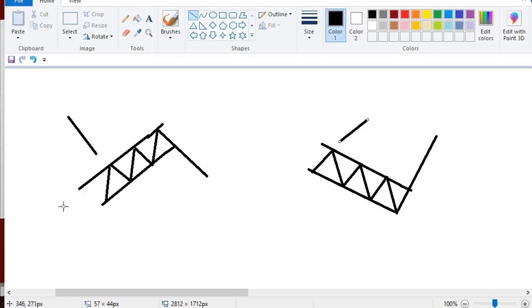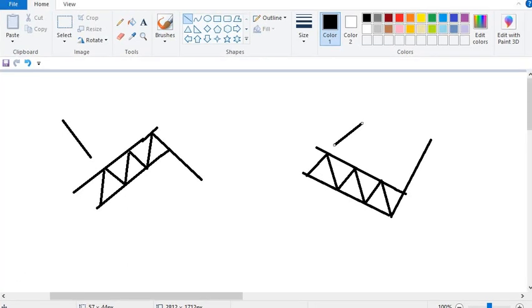They appear in a clear uptrend and a clear downtrend, and they both are continuation patterns. Let me show you its example on the chart and how to trade it properly.